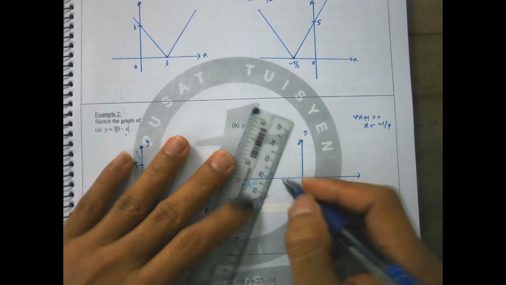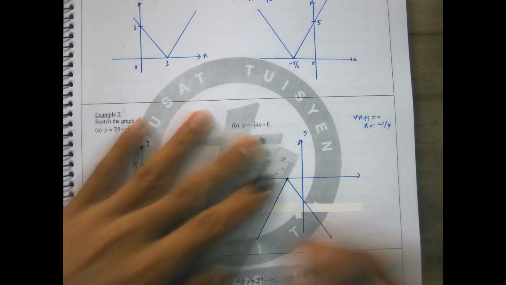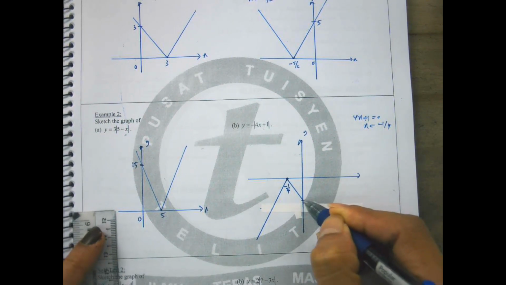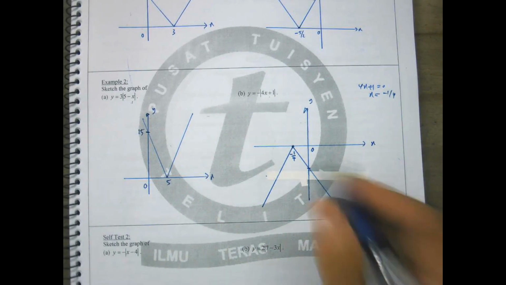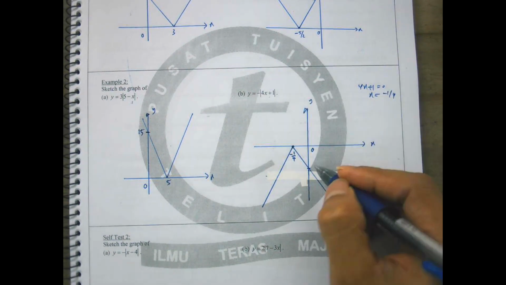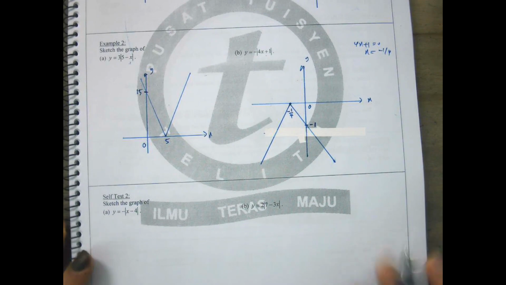So it is an inverted graph with negative 1 over 4. This is negative 1 over 4. This one is your intercept. Yes. Now who can help me? How to find this? At y-axis, x is 0, y is minus 1. Okay?